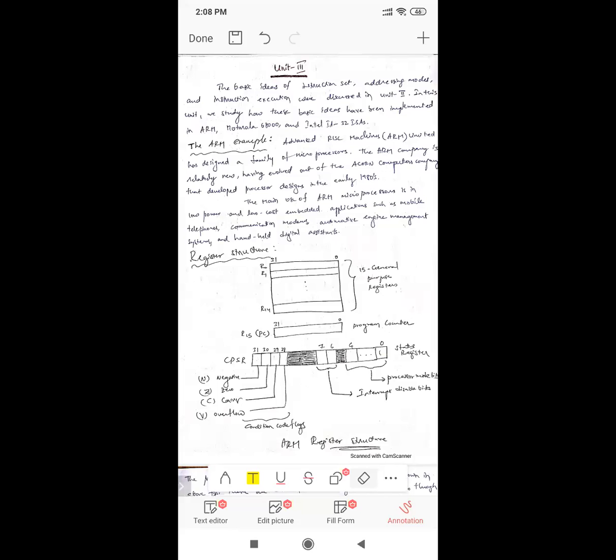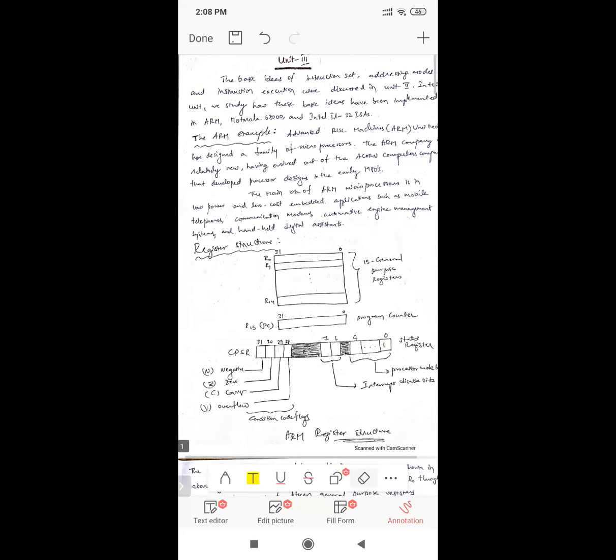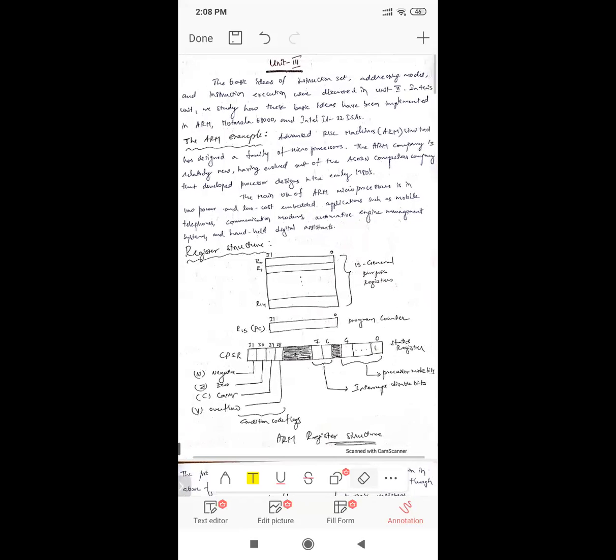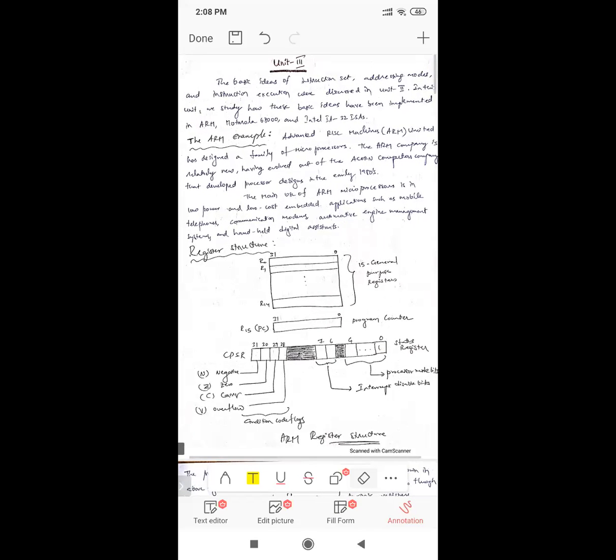All of you, please see the screen. The basic idea of instruction set and addressing modes I discussed already in the second unit.